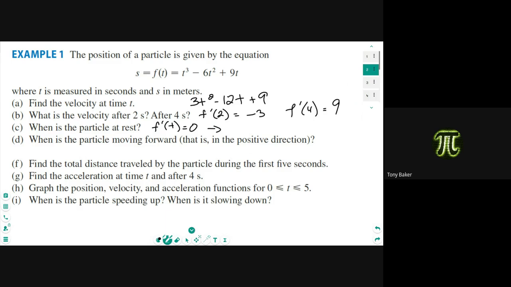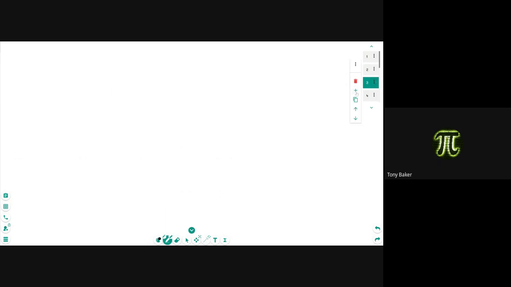Three? Only 3? And 1. And 1? 3 and 1? How did we get it? Or who didn't get it and wants to figure out how we got it? This is the wonderful factoring. It was 3t squared minus 12t plus 9. I'm going to use x because I hate using t's.